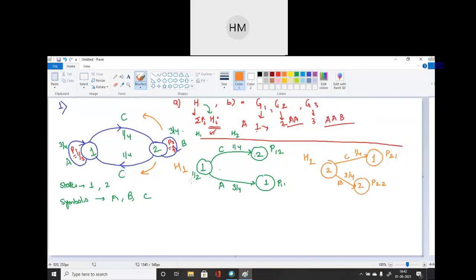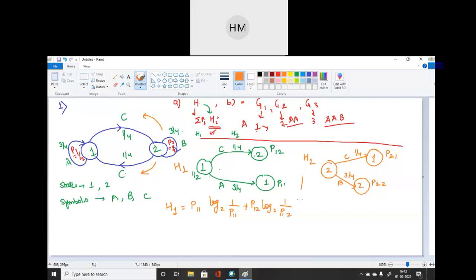ठीक है, अब H1 फाइंड करने के लिए what I will do, I know the formula, you have to write the formula. I am directly writing H1 is equal to P11. ठीक है students, P11 log 2 1 upon P11 plus P12 log 2 1 upon P12.